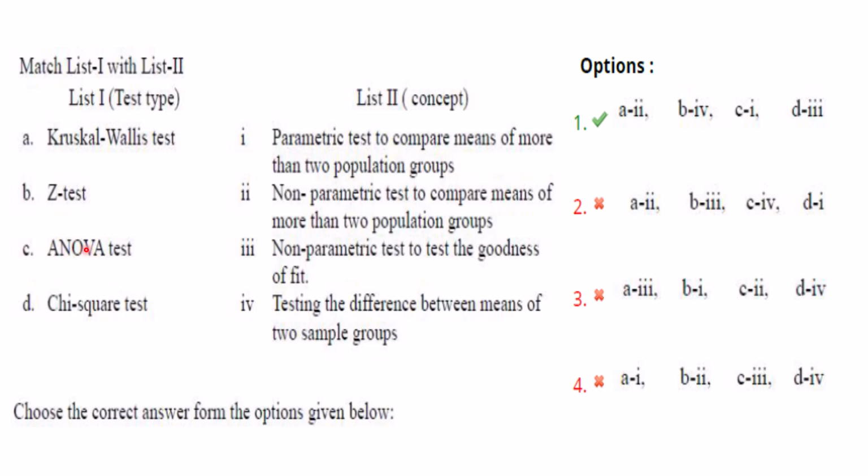So B is 4. ANOVA, again a parametric test to compare means of more than two population groups, and chi-square is for goodness of fit. So it is a non-parametric test to test the goodness of fit. All these terms and why these tests are used, you have to know.